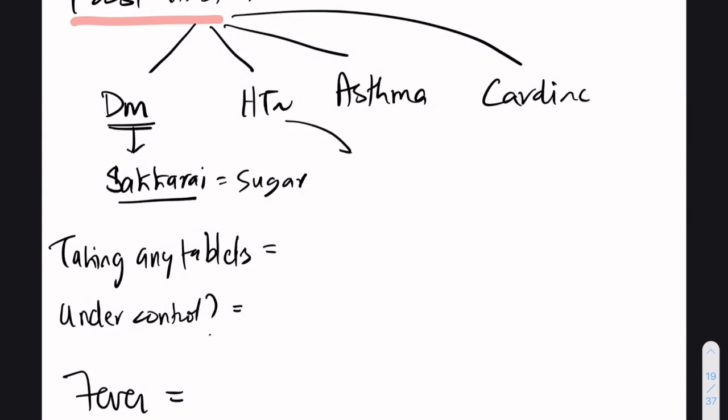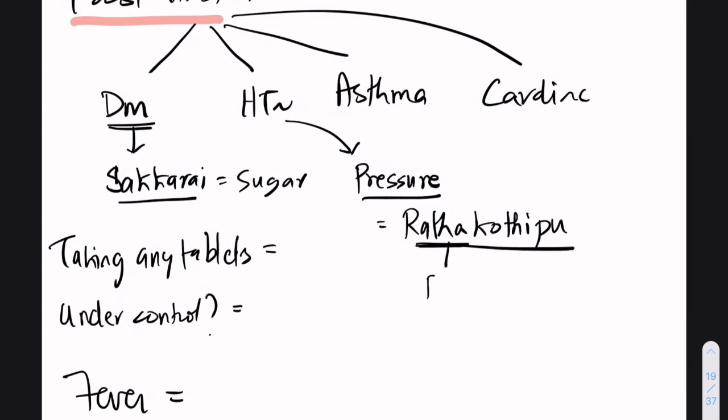For hypertension, it's very simple, just pressure. Pressure irka. The other Tamil equivalent is ரத்த கொதிப்பு. Rattam means blood, kodipu means boiling, so they compare hypertension to the boiling of blood, so it's called ratta kodipu. For asthma, you can ask a very simple question like, do you have any difficulty in breathing or breathlessness?